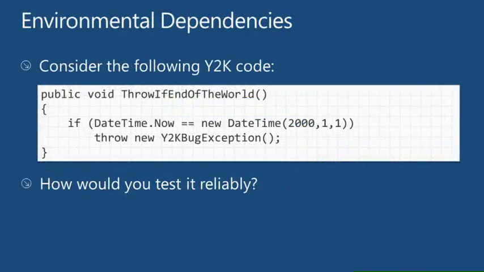But there are also environmental dependencies, and you might have seen me show this one on Wednesday. Some of us are old enough to remember Y2K, and so here we have a check that says if DateTime.Now equals 2000 January 1st, throw the exception. Testing this is problematic. Maybe we do it like this.